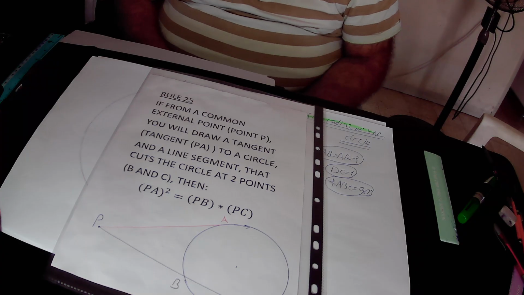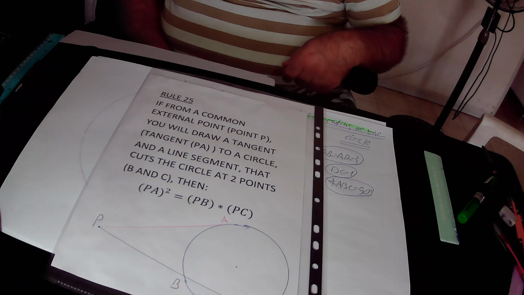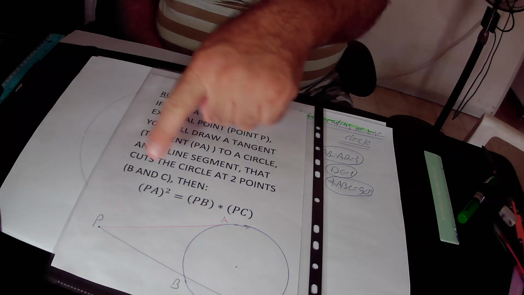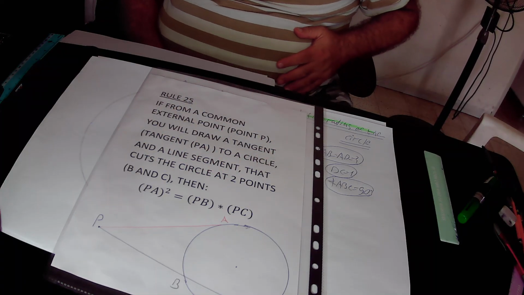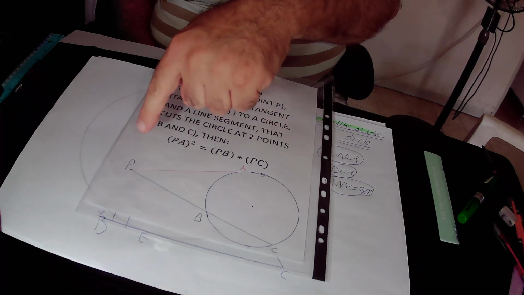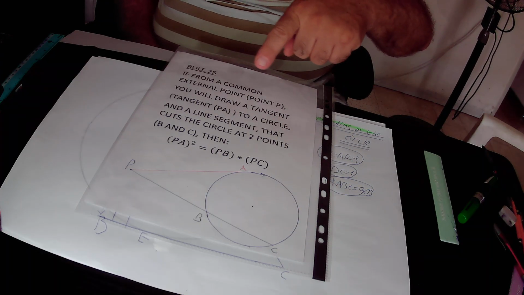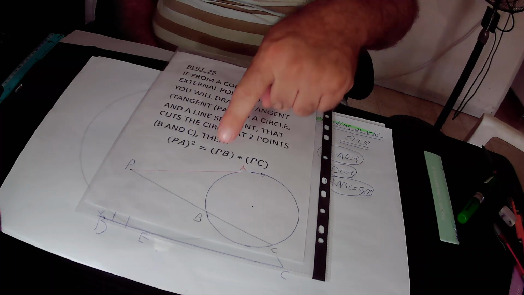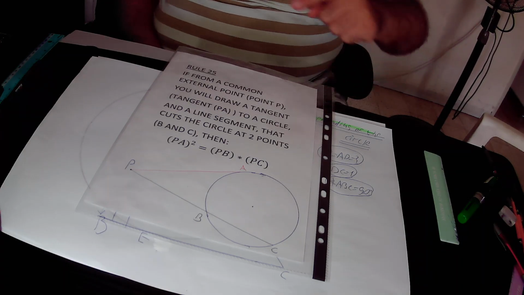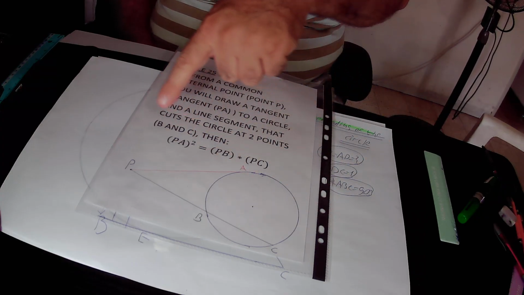According to rule 25, if from a common start point P we draw a tangent PA to the circle, and the secant PC, that cuts the circle at two points, point B and point C, then the following equation is true: PA squared equals PB times PC. Again, PA squared equals PB times PC.